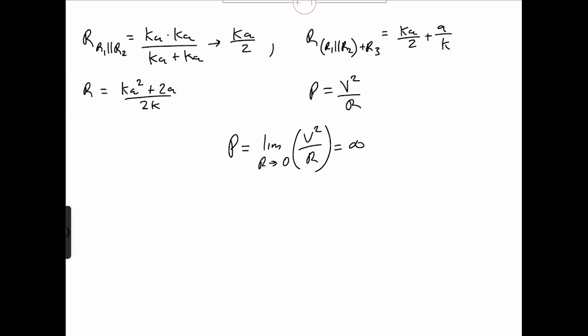So let's find the smallest value of R that will give the greatest power.